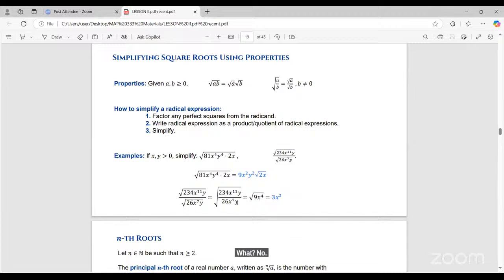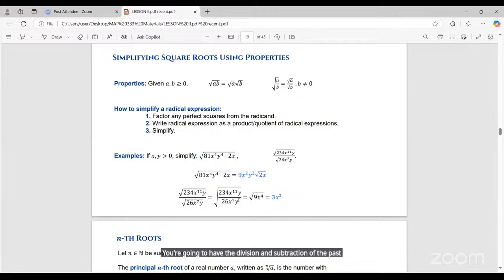Now, if you use the properties of indices, you are going to have division and subtraction of the powers.